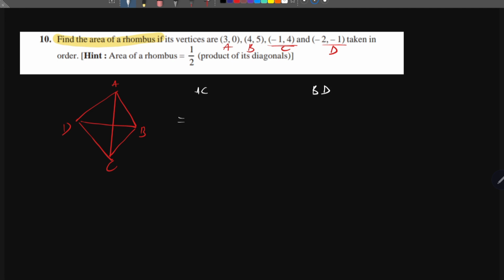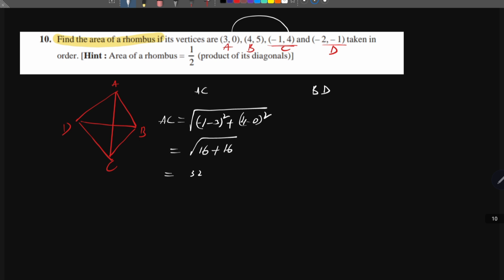So apply the distance formula where AC is equal to square root of, distance between these 2 points, x2 minus x1, minus 1 minus 3 whole square, plus y2 minus y1, which is 4 minus 0 whole square, so minus 4 square, 4 square is 16, plus 4 square is 16, so 16 plus 16 is root 32.